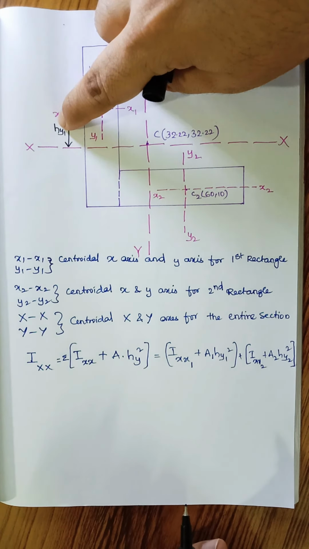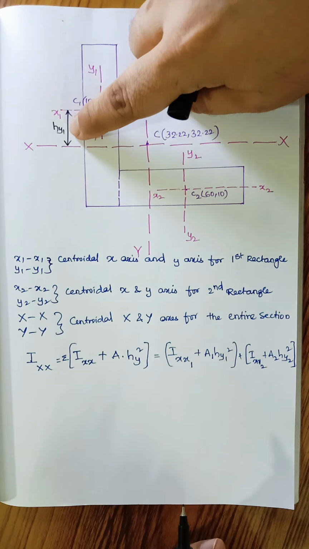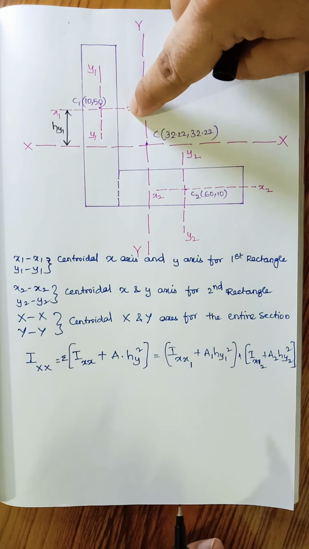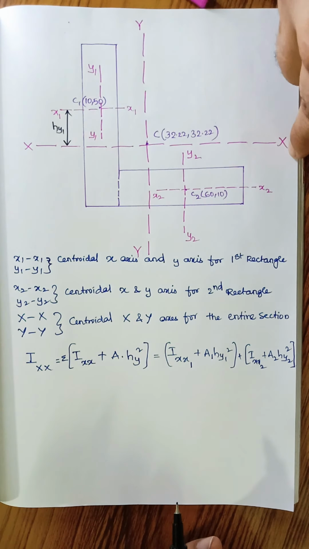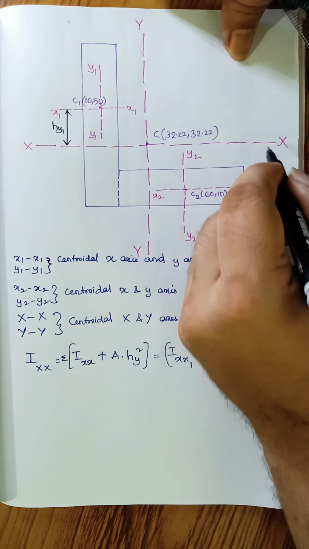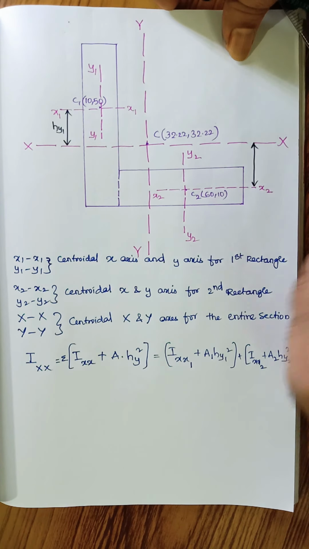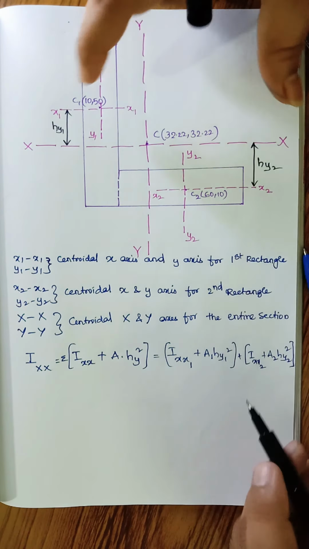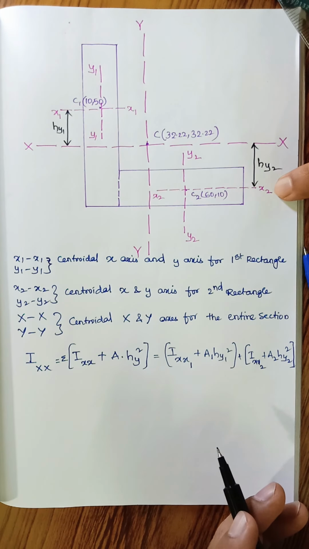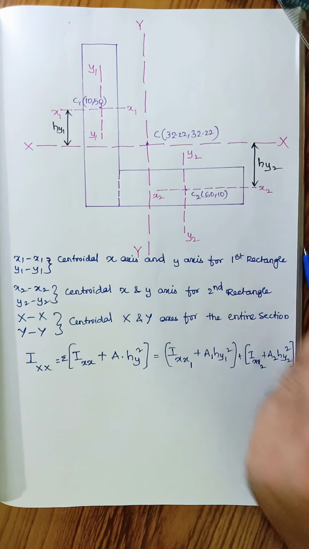H refers to the distance between the axes, y refers to in which direction you are measuring it, and 1 refers to the first rectangle. It is the distance between the centroidal x-axis for the entire section and that of the first rectangle. Now similarly, we can also call hy2 in between these two axes, right? You can see the centroidal x-axis for the entire section as well as centroidal x-axis for the second rectangle. Now distance between these two axes is taken as hy2.